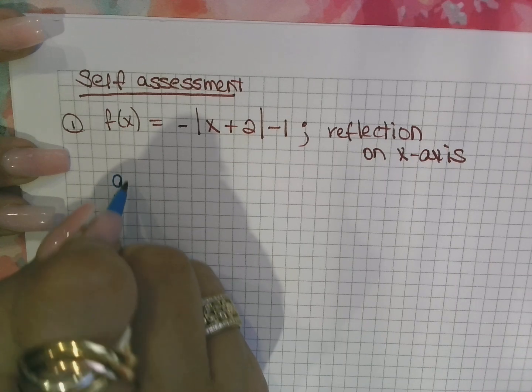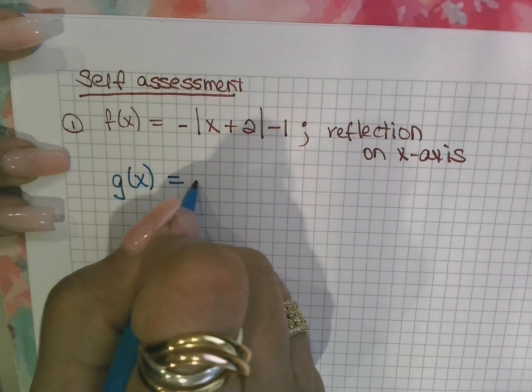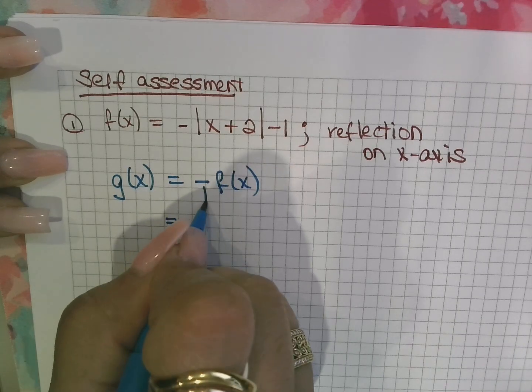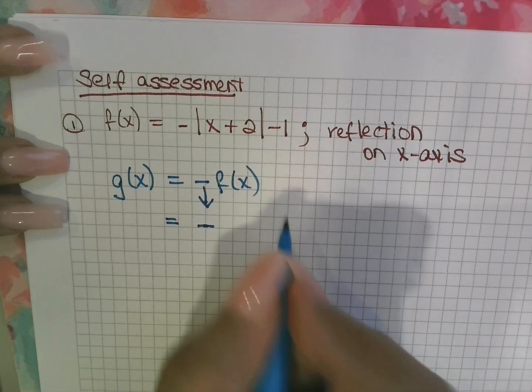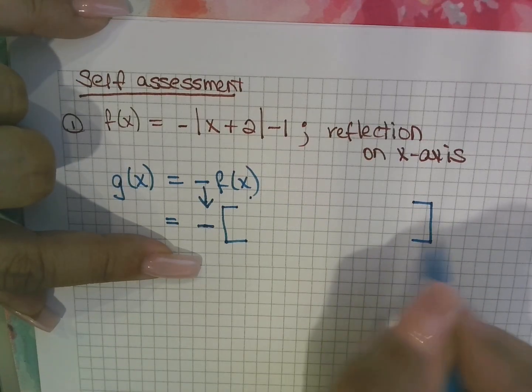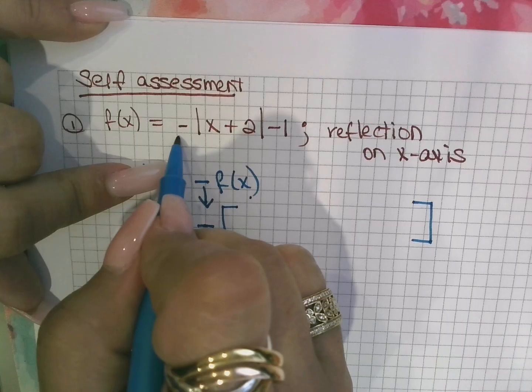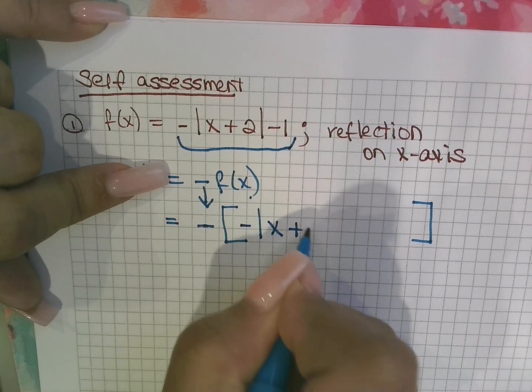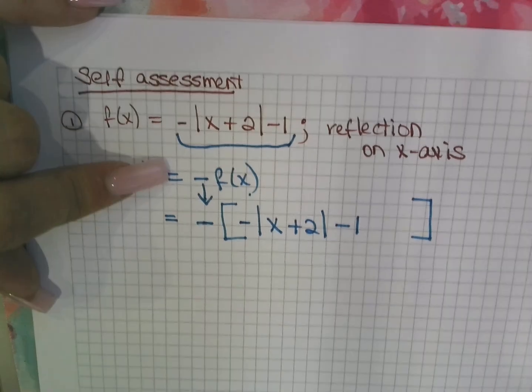All right, so if it's on the x-axis, that means the minus sign needs to go in the front of the function. So my g of x is negative f of x. All right, this minus sign goes straight down. Now we're going to write f of x. Again, you must use parentheses and write the entire function in there. So this is negative absolute value of x plus 2 minus 1.